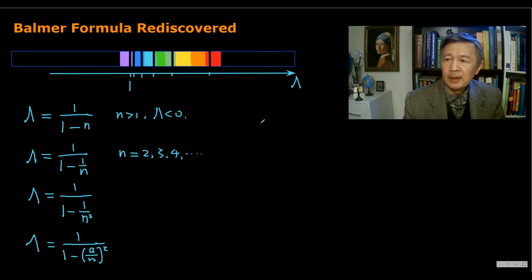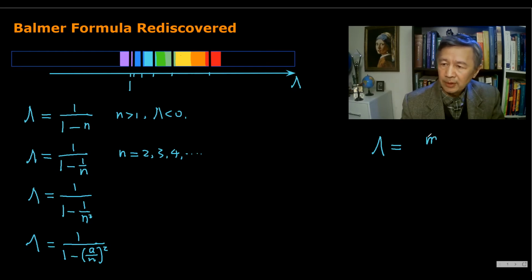Before we go further, let's write Balmer's original formula published in 1885. Here we are. He used a constant, which I simplify as 1. His formula is lambda equals m squared divided by m squared minus n squared.